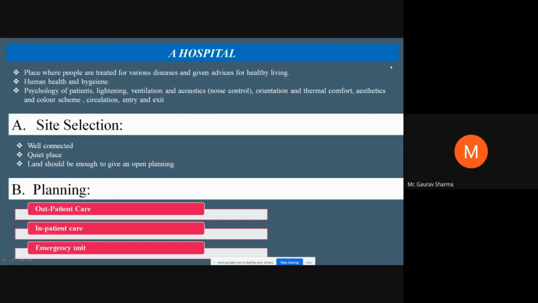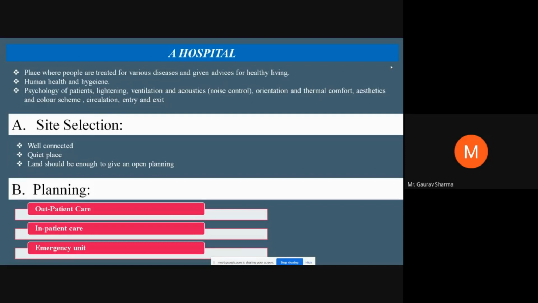So the next one is your planning, the very important thing, because not only the site selection but the arrangement of different facilities inside the site is again important. That's why the planning is broadly divided into three sections when we talk about a hospital building.